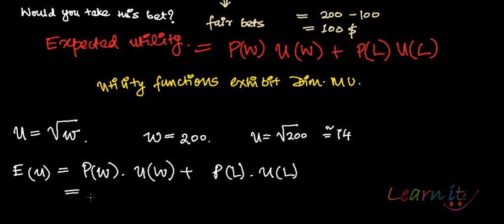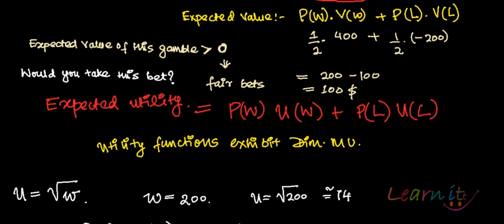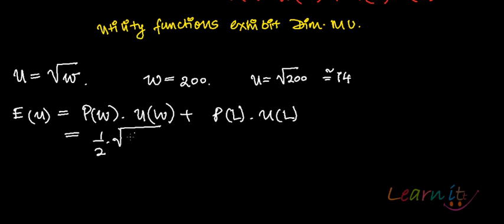What is the probability of winning in this case? 1 by 2, as you've seen. What is the utility of winning in this case? Utility of winning would be root of, you have $200, and in case you win, you'll be getting 200 plus $400, that is $600.